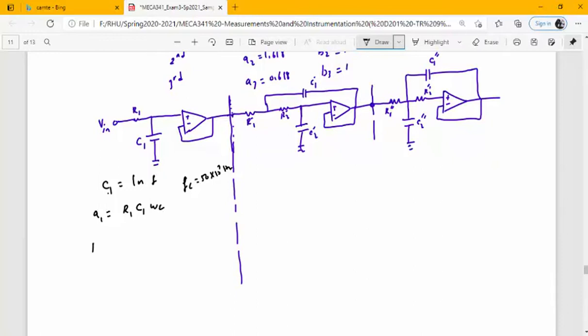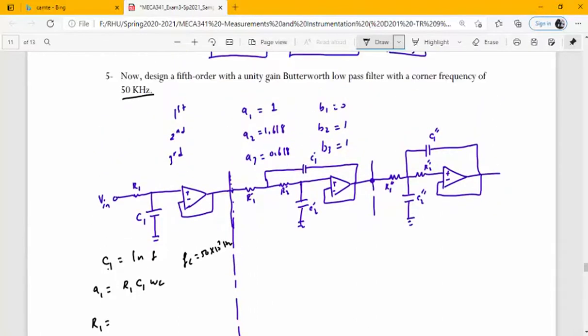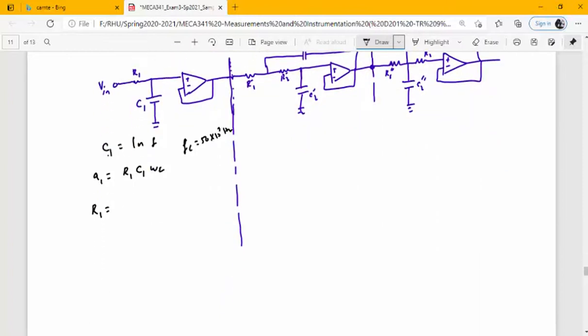Now to solve for R1, R1 is equal to A1 over C1 omega C, and A1 is equal to 1. So 1 over C1 omega C, where omega C is equal to 2 pi Fc.